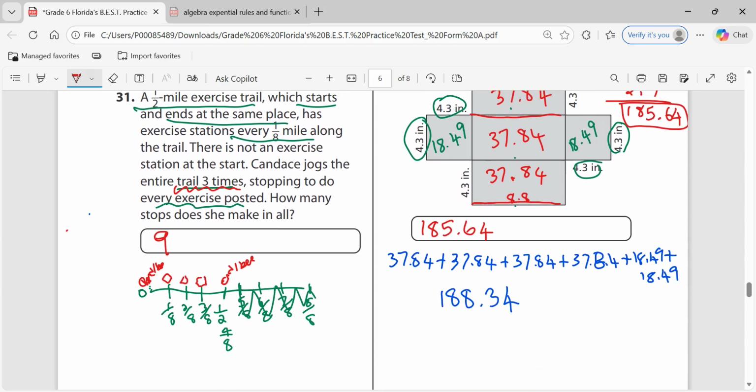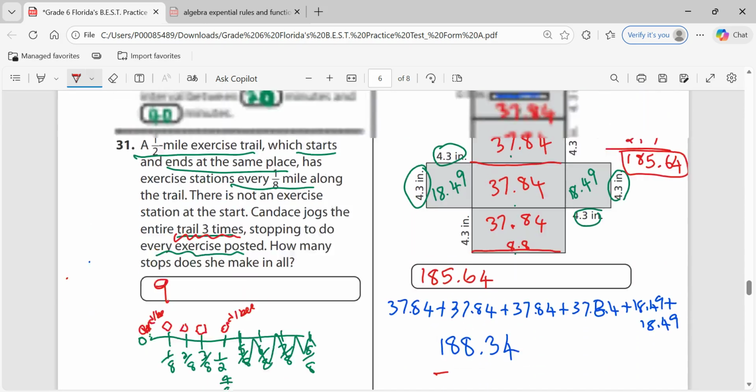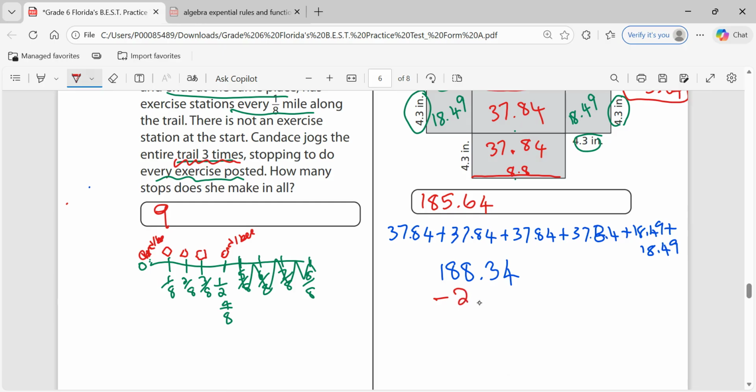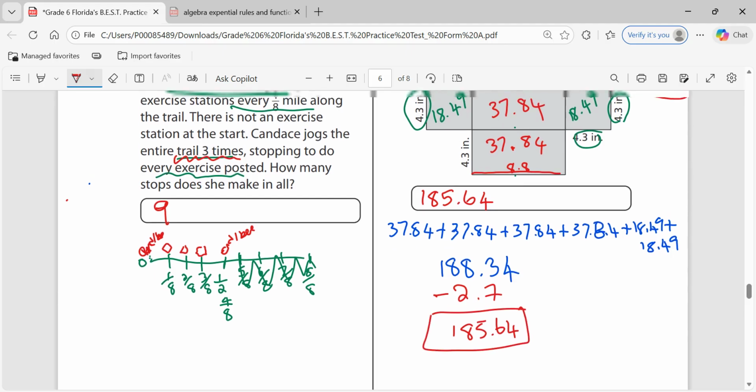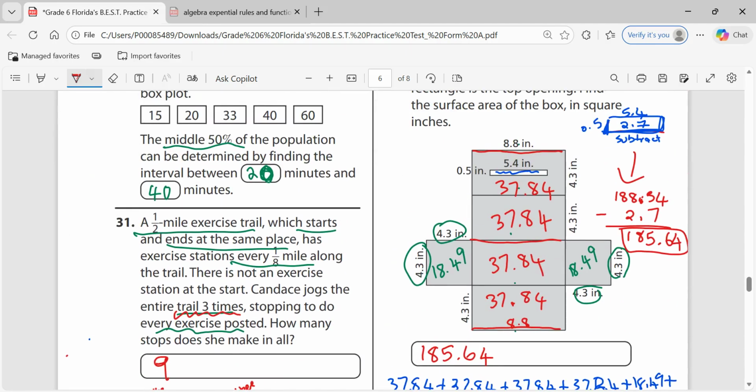Just in case you can't tell up there, I'm also going to come down here and subtract that, 2.7. That's how I get it again, 185.64. And that is the complete surface area of the box.